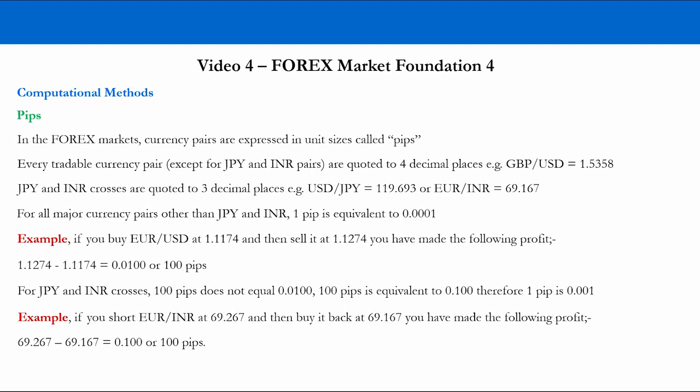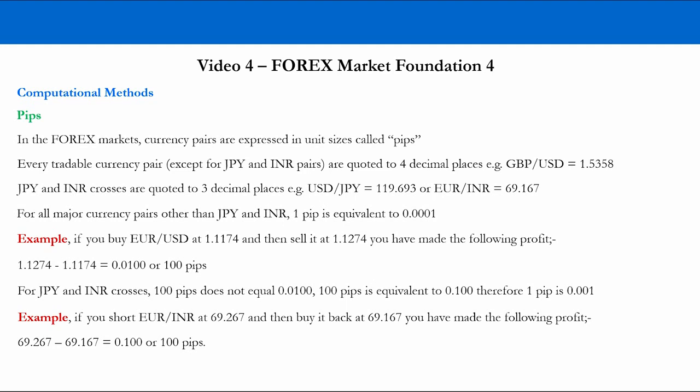And every tradable currency pair is quoted to 4 decimal places in our tradable set, except for the Japanese yen and the Indian rupee. And those currencies, the crosses that relate to those currencies, are quoted to 3 decimal places.